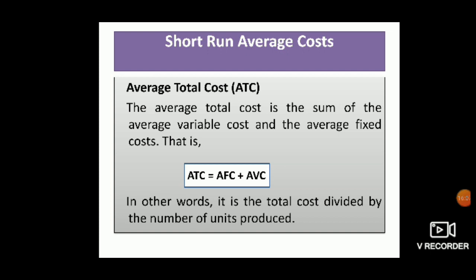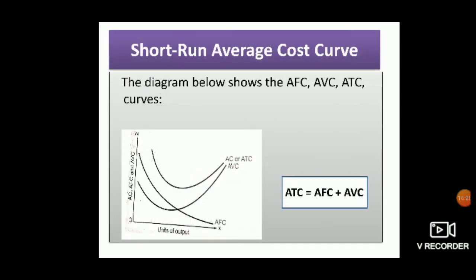So, the average total cost is the sum of the average variable cost and average fixed cost. That's we can say that ATC is equal to AFC plus AVC. In other words, it is the total cost divided by the number of units produced. You can see the diagram and the formula in this slide.